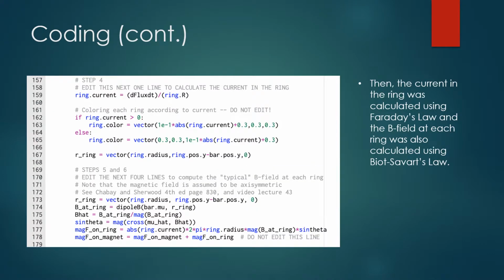Then the current in the ring was calculated using Faraday's law. So we took d flux dt divided by the resistance in each ring to find the current. After that, the B field at each ring was also calculated using Biot-Savart's law, and that's shown by steps 5 and 6 here.